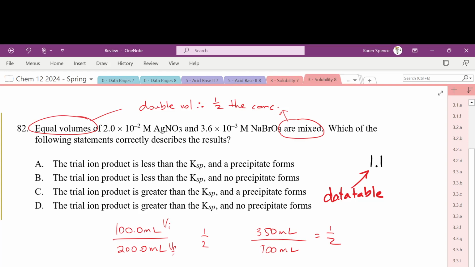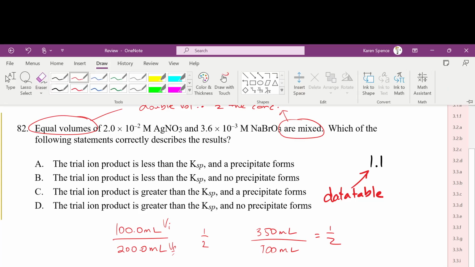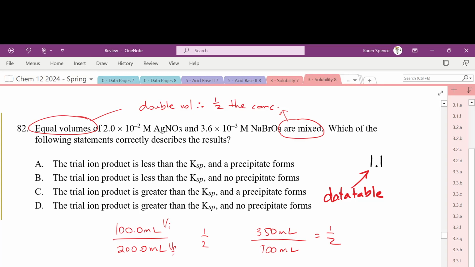So we have the concentration of silver is equal to the concentration of AgNO3 diluted, which is 2 times 10 to the negative 2 molar times 1 over 2 is 1 times 10 to the negative 2 molar.